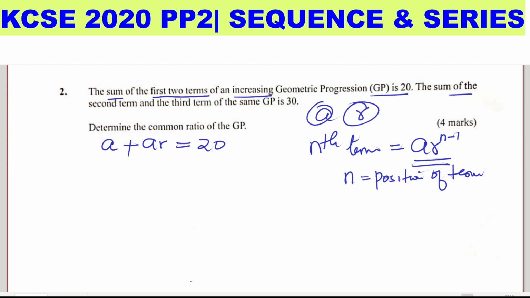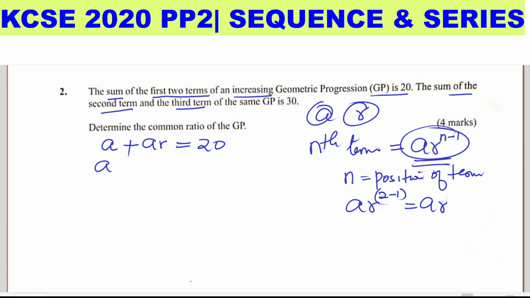Then the sum of the second term and the third term of the same GP is 30. So how do we write the second term? If you want the second term, you take AR raised to n minus 1, and since n is 2, this gives AR.